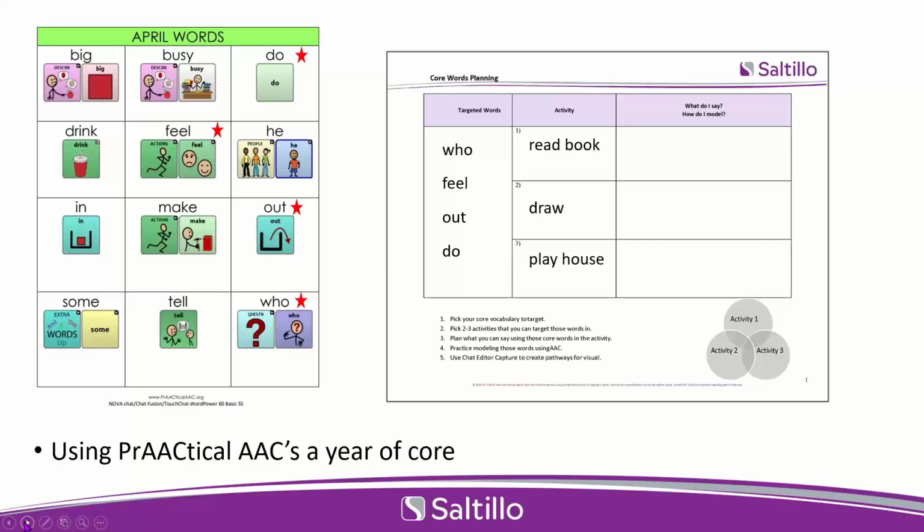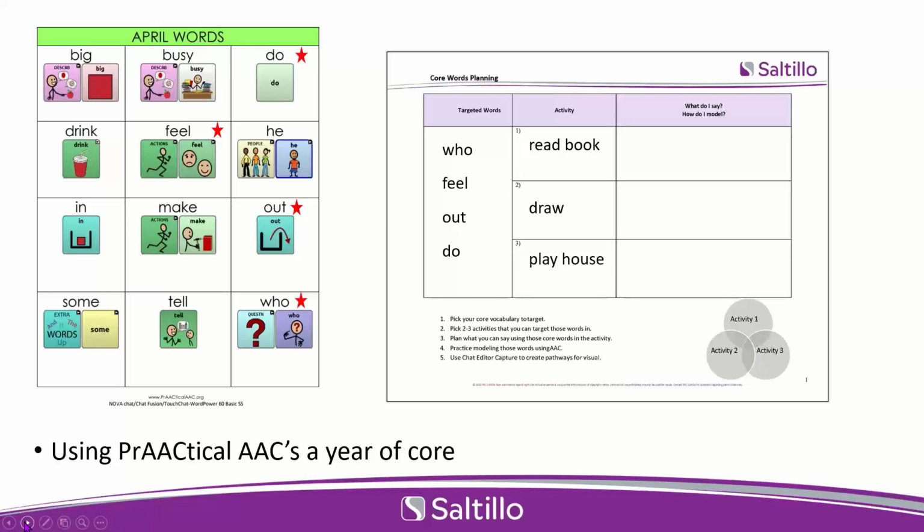I decided I wanted to target the words who, feel, out, and do. Some activities I thought of were reading a book, drawing a picture, playing house. But what we're going to do is watch a short video of reading a wordless book.